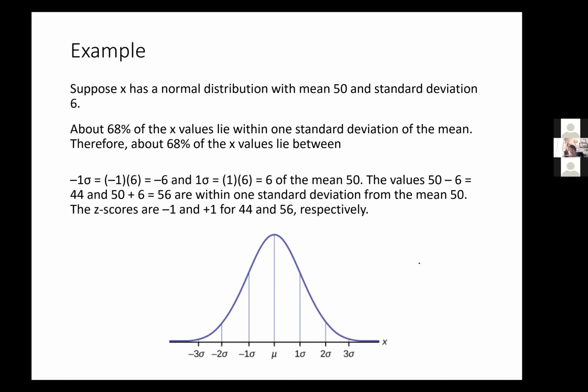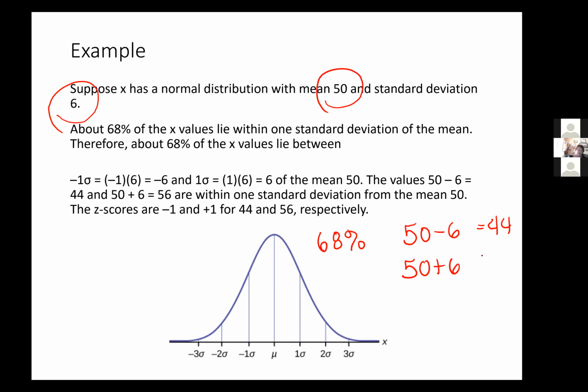So about 68% of your data values will lie between 50 minus 6 and 50 plus 6. So about 68% of my data values will be between 44 and 56. About 68% will be plus or minus 1 standard deviation from the mean.